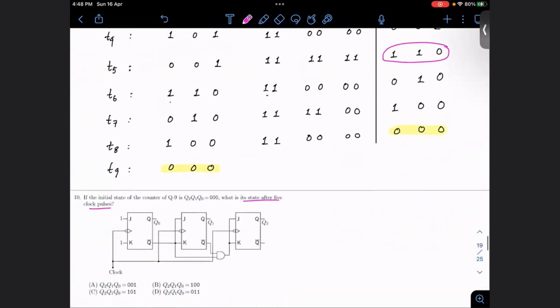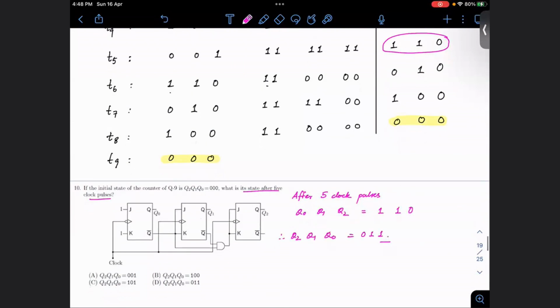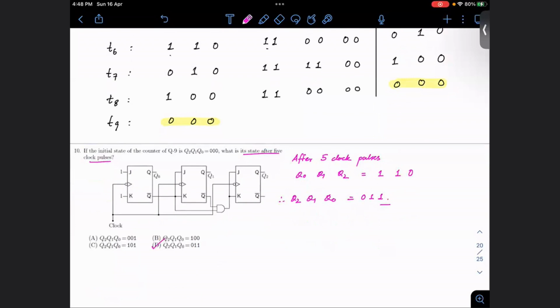This is my 5th clock pulse. So I have Q0, Q1, Q2. After 5 clock pulses, this is nothing but 1 1 0. That means my Q2, Q1, Q0 is 0 1 1. So D will be my right answer.